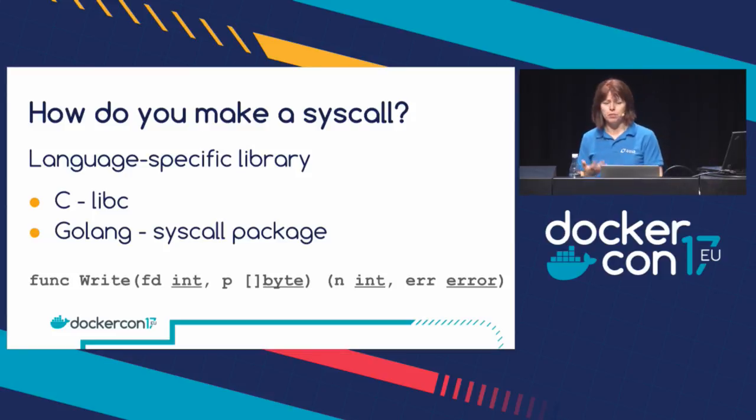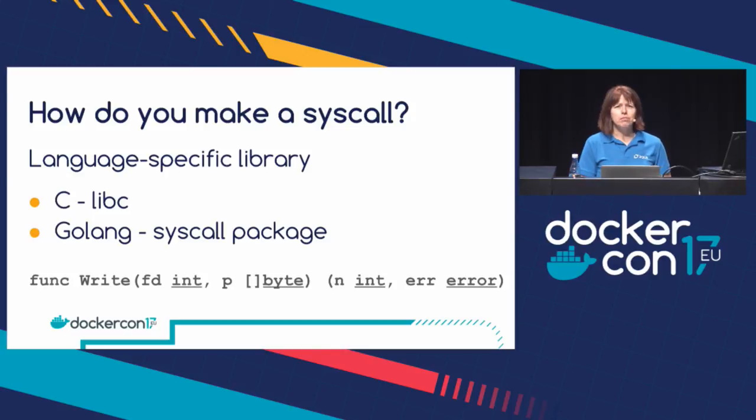They tend to be language specific. If you're using C or several other languages, it will boil down to a library called libc, which implements these syscall functions. There are a few flavors of this, for example, glibc, which is the GNU version of libc, and it has all the syscall functions defined in it.